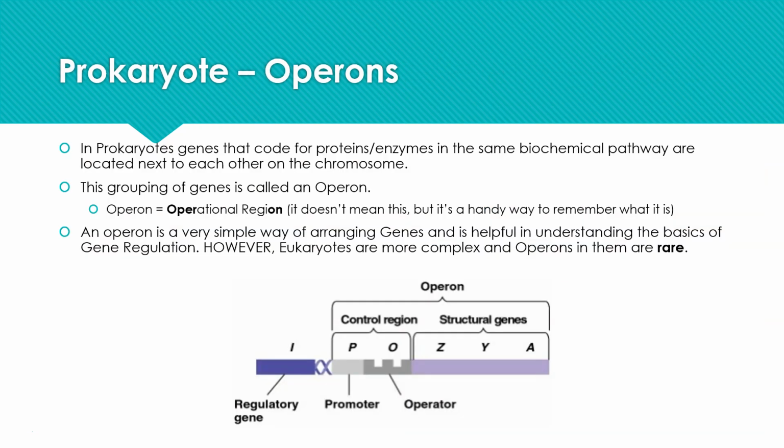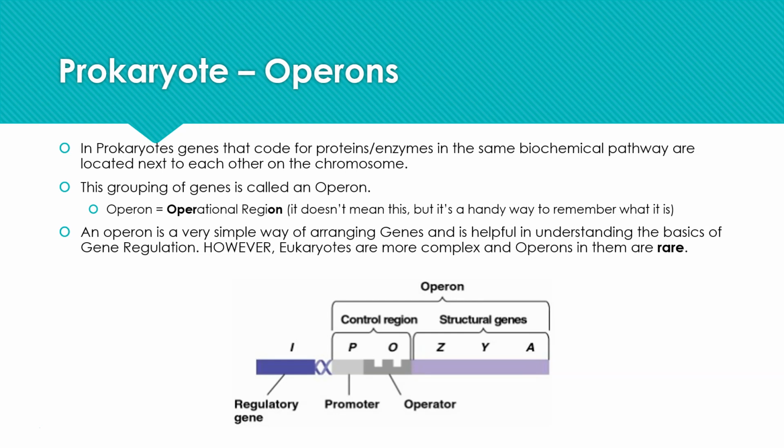So talking about operons in prokaryotes, they are based around genes that code for proteins or enzymes that are in the same biochemical pathway, the same process. So they will be near each other on the chromosome for the prokaryote. That grouping is an operon.